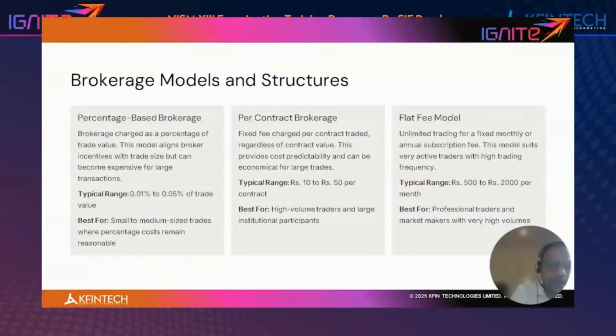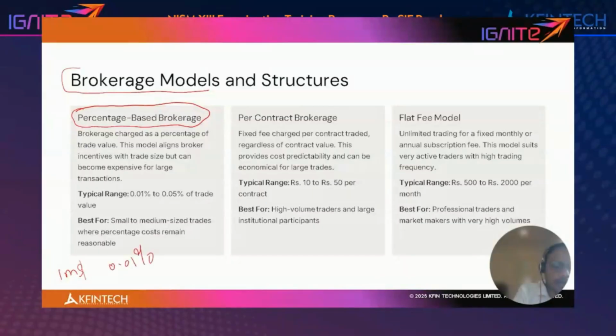And what are the different brokerage models that the broker charges? What is percentage based brokerage? They can say that typically for a 1 million contract, we'll charge 0.1%. For a 5 million contract, we might charge 0.05% or 0.02%. This could be a percentage based charge. Then it would be per contract.